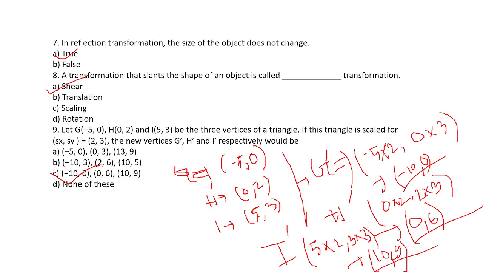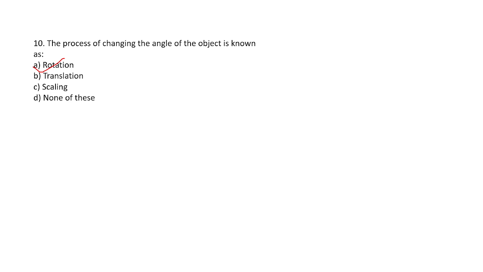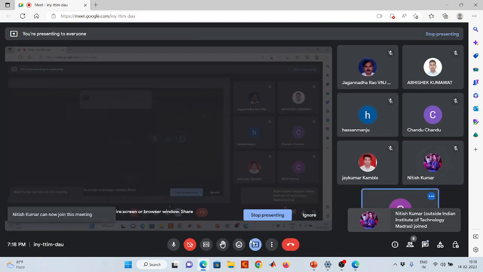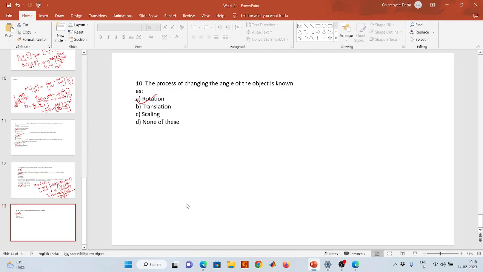It can occur whether it's clockwise or anti-clockwise, it doesn't matter, in both directions it changes the angle of the object. First we need to specify the angle of the rotation and the rotational point, the point about which the object is rotated. Here we need to see the positive value and the negative value of the rotational angle also.